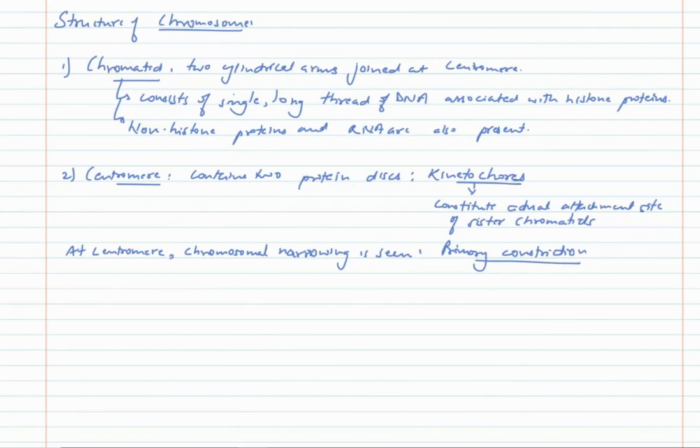Now we have something called as a secondary constriction. These constrictions, they occur in certain chromosomes. They are non-staining.